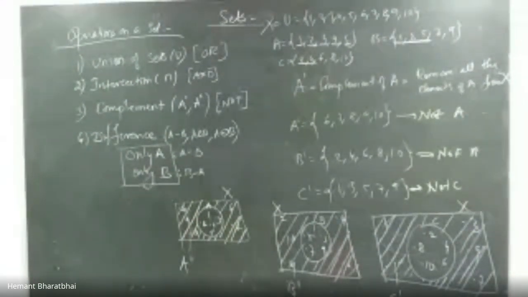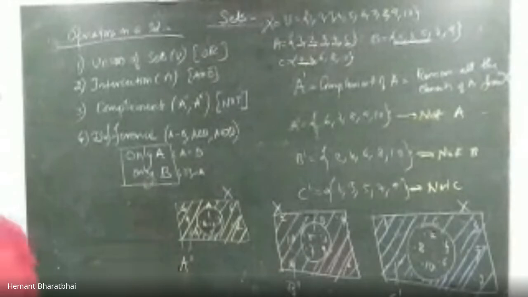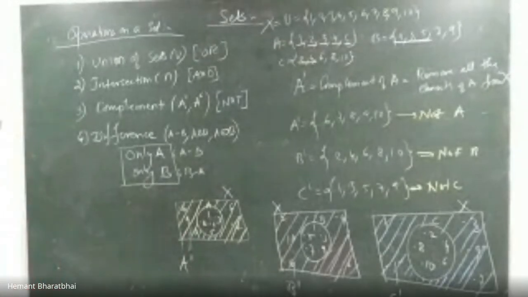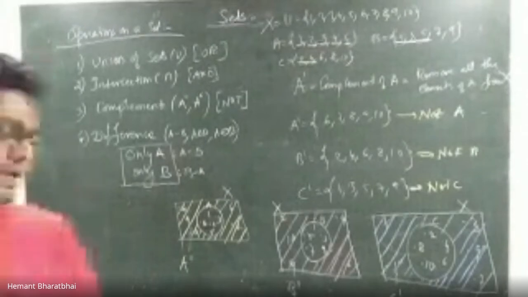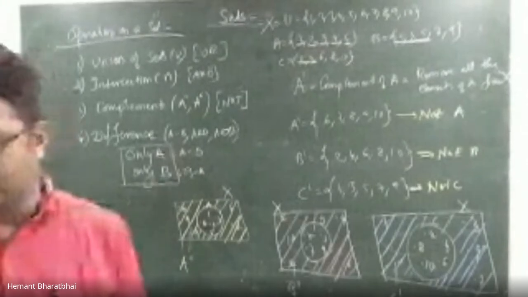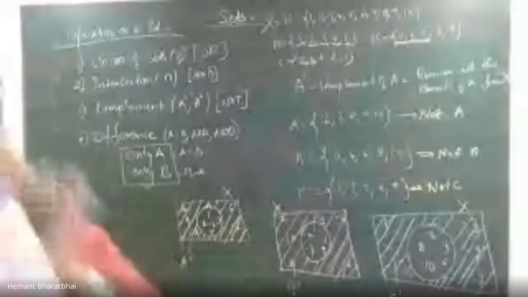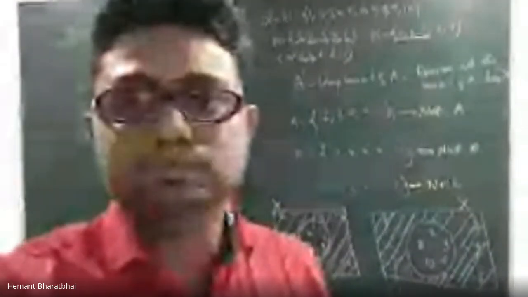And therefore it doesn't matter whichever set it is, the Venn diagram for a particular operation will remain the same. So we have seen these four operations. Hope you have understood all the four operations.